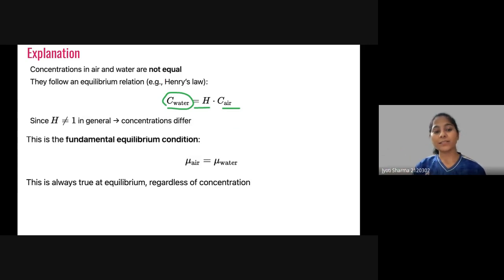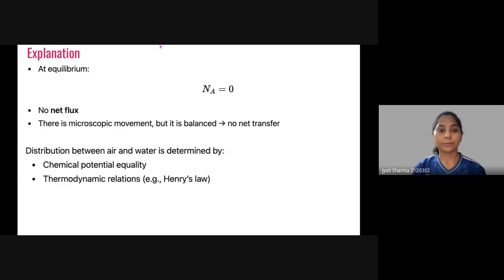That's why, since H is not equal to 1, if we are talking about two phases, water and air, it is nearly impossible that the concentrations will be equal. The equal thing can be the chemical potential. So the chemical potential of the air is equal to the chemical potential of the water, and then we can say this is at equilibrium. And N is equal to 0, so there is no net flux. So that's why answer C was not the right one.